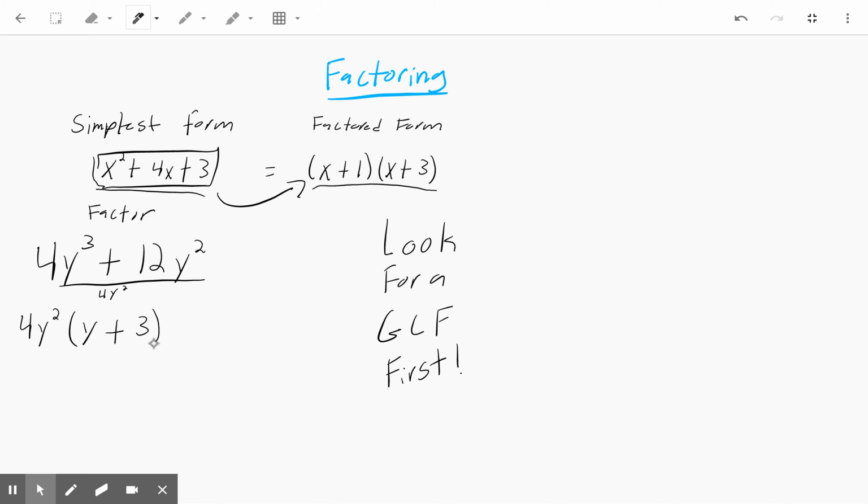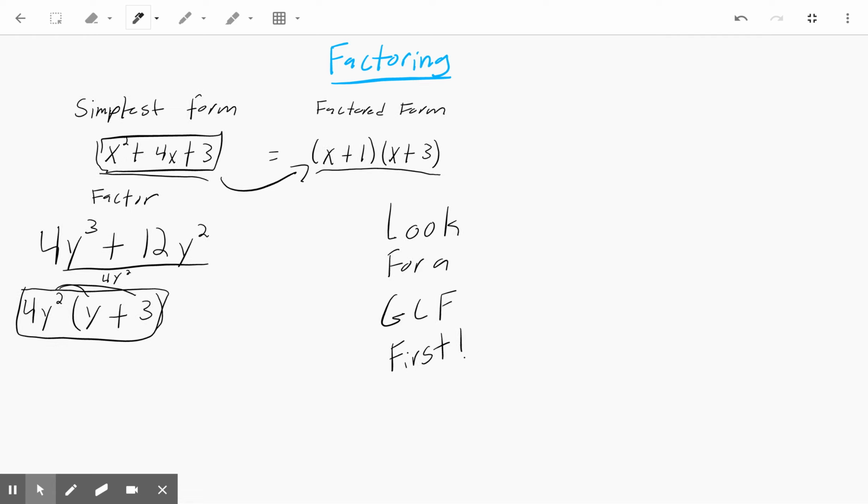So we took out the GCF and we're left with 4y squared times y plus 3. If we were to distribute this back in, we would end up with the same thing because these are supposed to be the same. That's an easy way to check. But this is your final answer if I had just said to factor. So that was the first way we talked about.